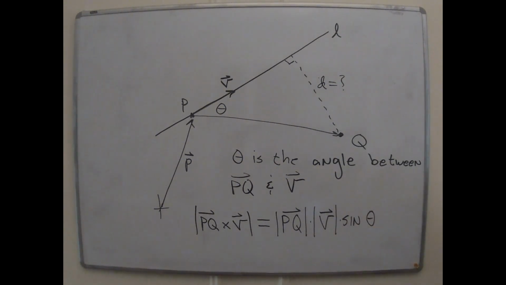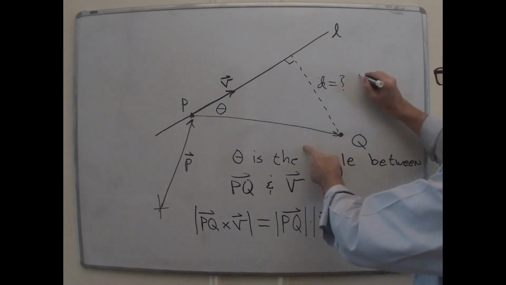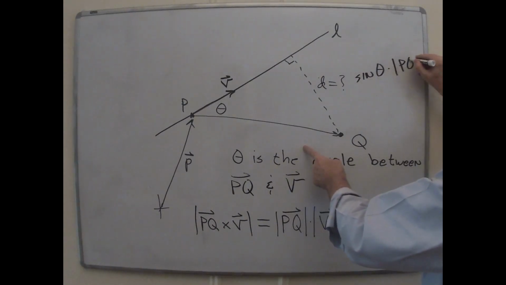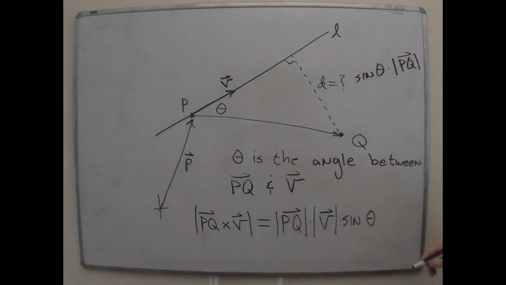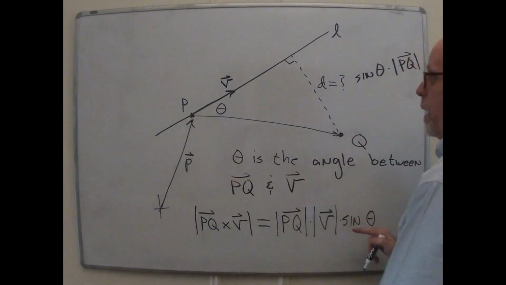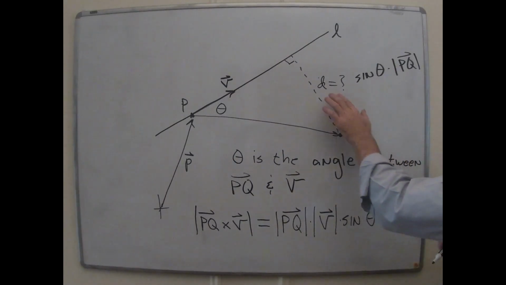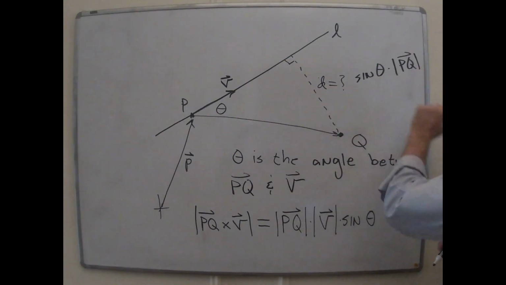And the distance I want, I can tell you what it is. It's sine of theta times the length of PQ, isn't it? PQ's length is the hypotenuse of the right triangle, and you might see it the other way more easily: D divided by this length would give you the sine theta.